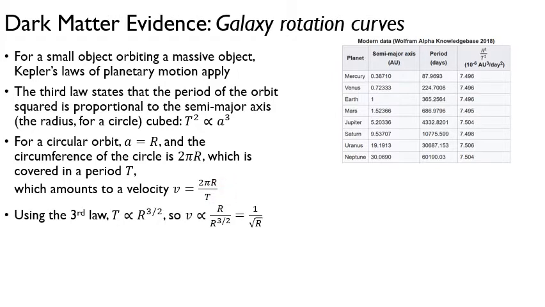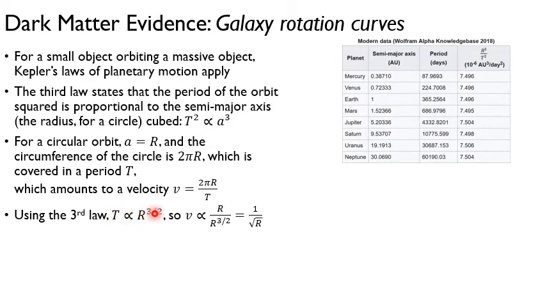We have Kepler's third law, that the period squared is proportional to the radius cubed. Taking the square root of both sides, the period is proportional to the radius to the 3/2 power.